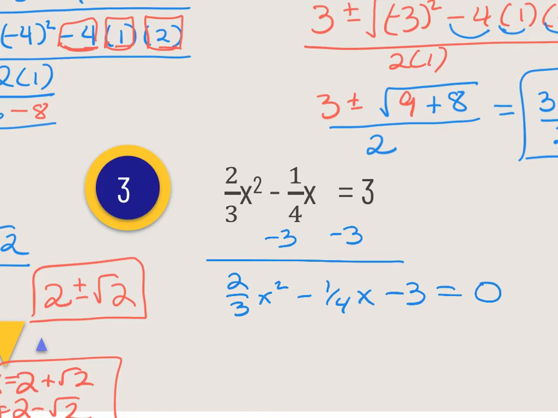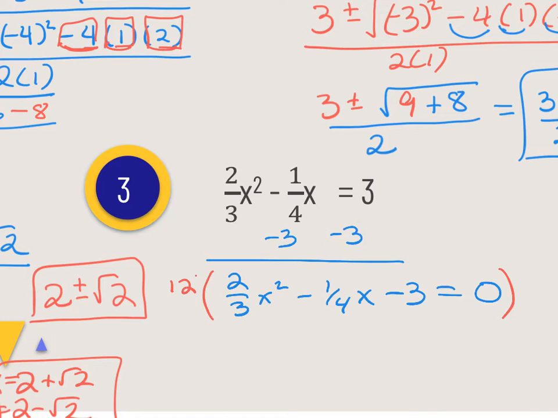Now don't get confused with completing the square, where all we had to do was get rid of the 2/3. This one I want to get rid of all the fractions, because I do not want to have to work with that formula with fractions. So my common denominator between 4 and 3 is going to be 12. So I'm going to multiply my entire equation by a 12, and that will eliminate the fractions.